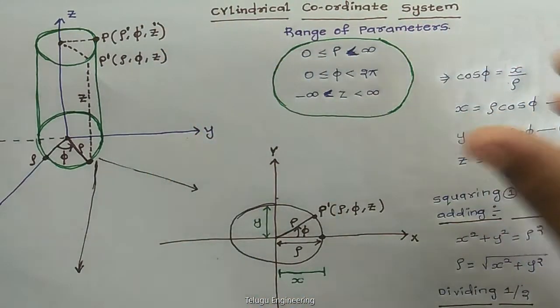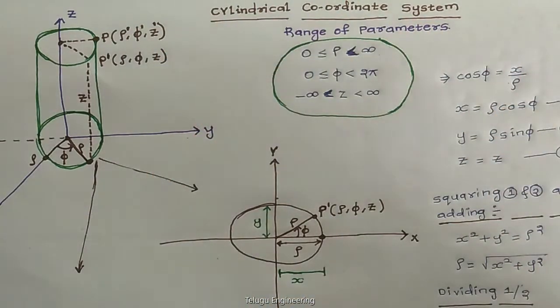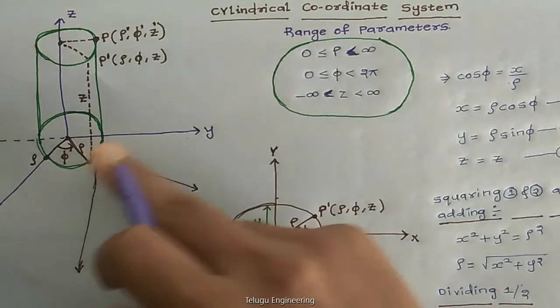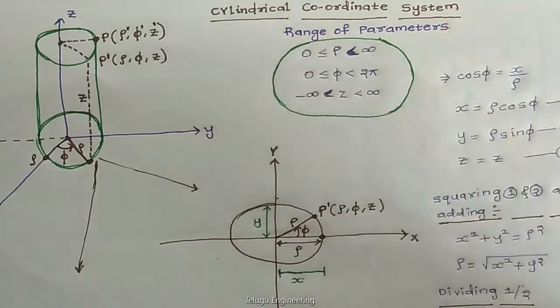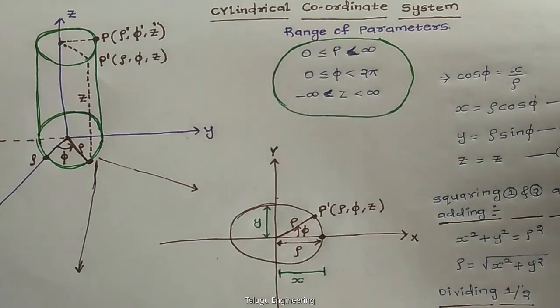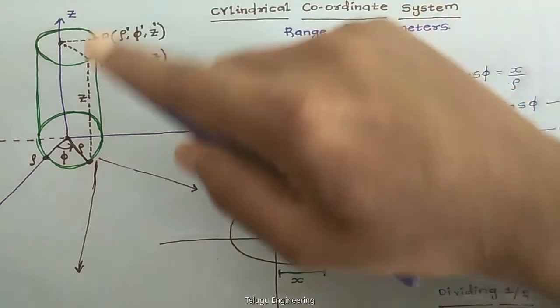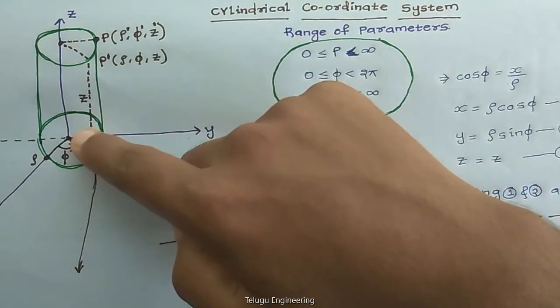First of all, remember that actually there is no cylindrical or spherical coordinate system separately. These two, cylindrical and spherical, are derived from the Cartesian coordinate system only. For example, we cannot represent a cylinder in xyz.